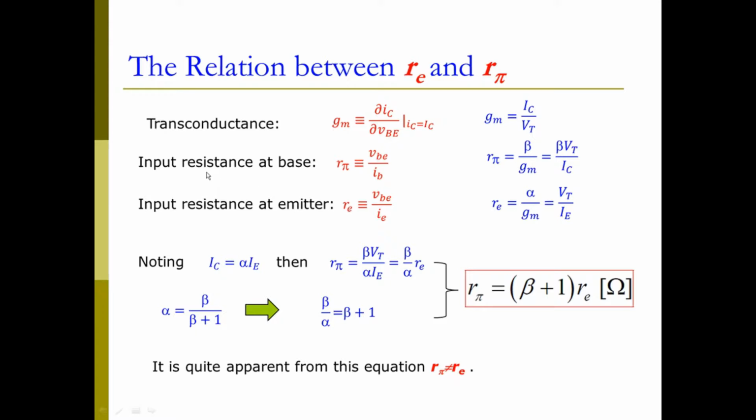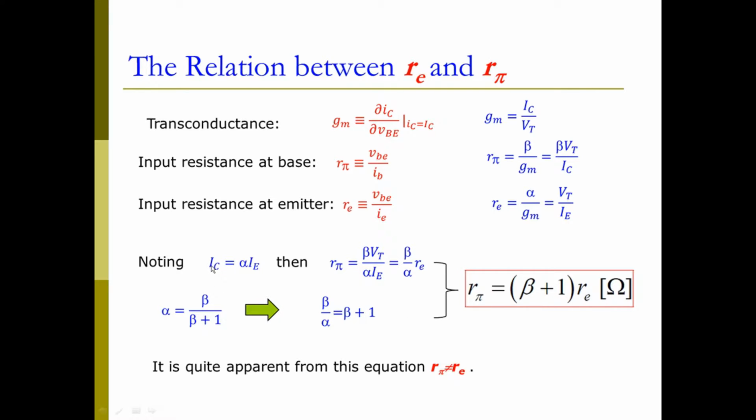And also the input resistance for R pi is defined by VB divided by IB, and this is the formula to allow us to calculate our R pi here. The input resistance at the emitter is defined as VB divided by IE, and this is the formula which allows us to calculate it. And based on those formulas, we can easily get this final formula here.